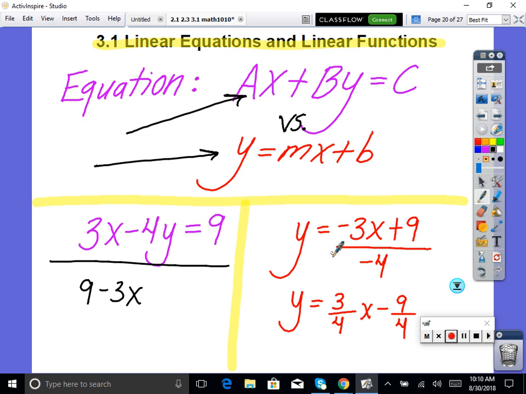And then what would I do next? Divide by negative 4. If I wanted to put it in mx plus b form, I would split it up, as long as we divide both of them by negative 4. Negative divided by negative is a positive 3/4 x. Positive divided by a negative is minus 9/4. That is hideous. Shouldn't we just probably have stayed here? So it just depends on the problem, really.